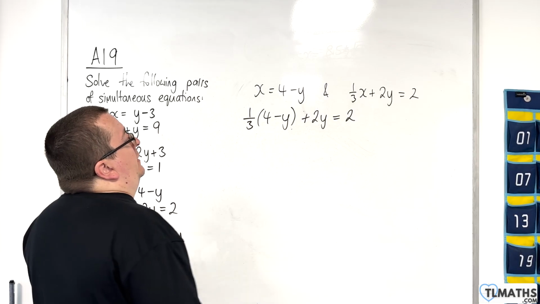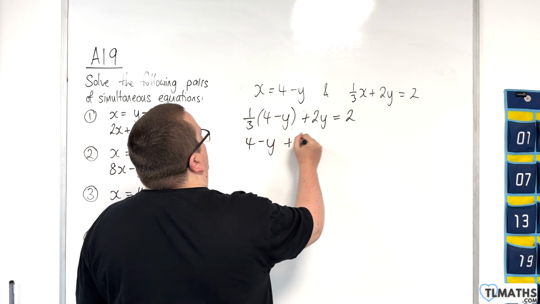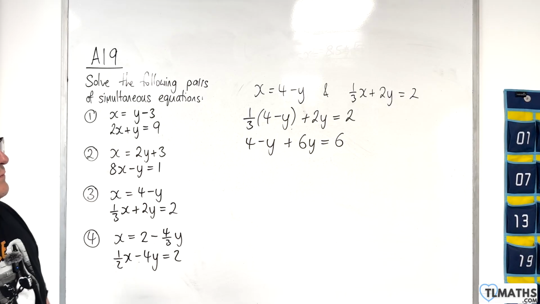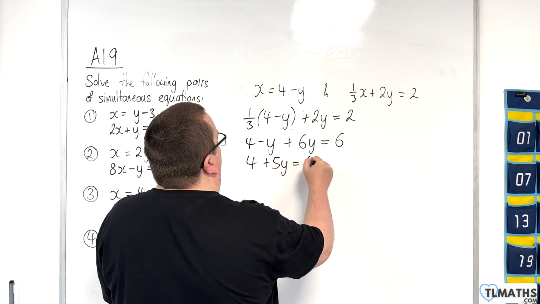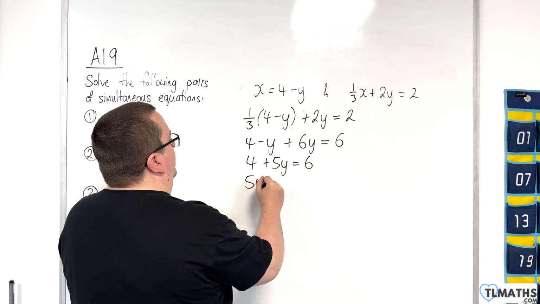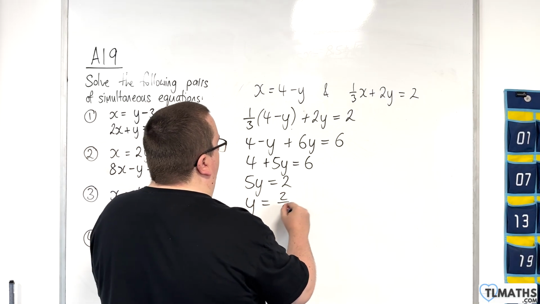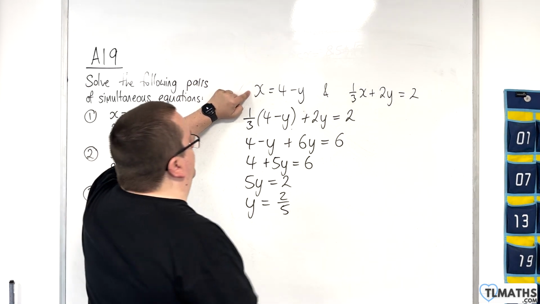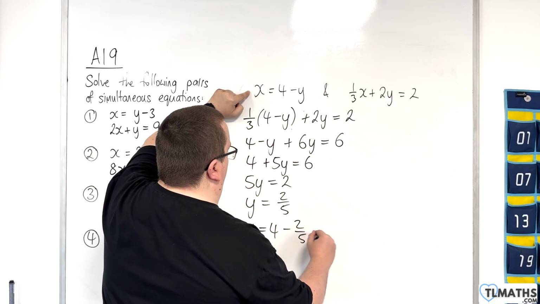So that feels easier. So we'll multiply through by 3, and we'll get 4 take away y plus 6y is equal to 6. So 4 plus 5y is equal to 6. Take 4 from both sides, and then divide through by 5, so y is equal to 2/5. So then, if I substitute into the first equation, x is equal to 4 take away 2/5.